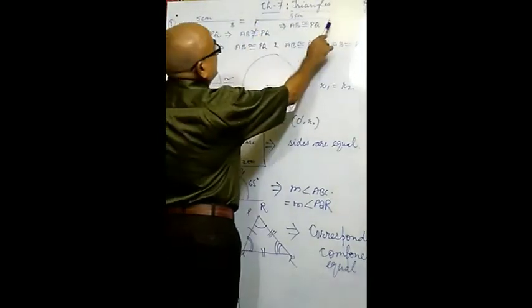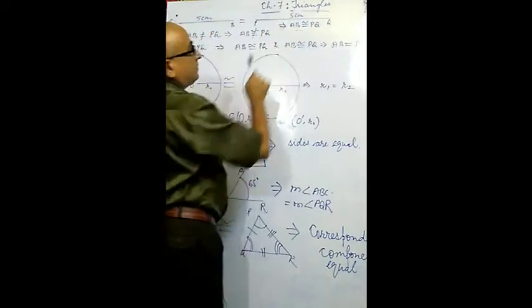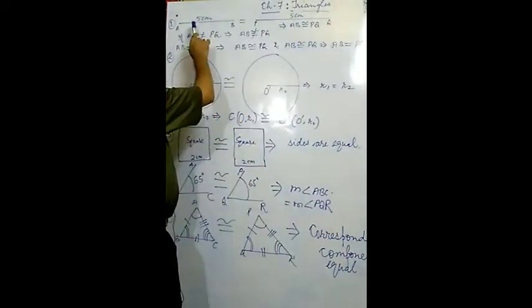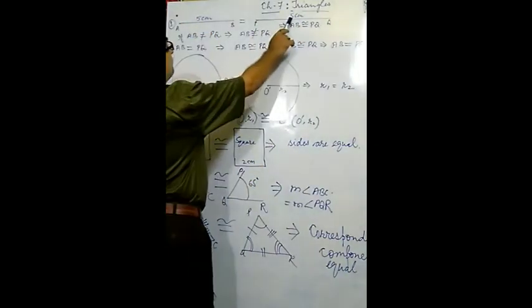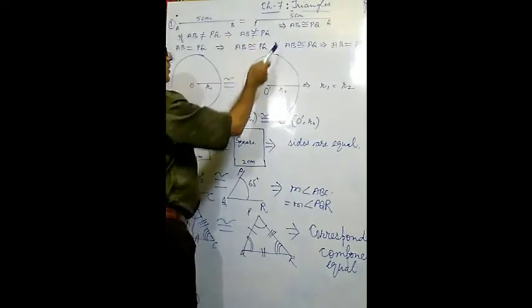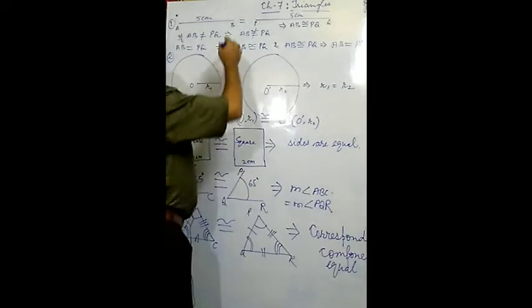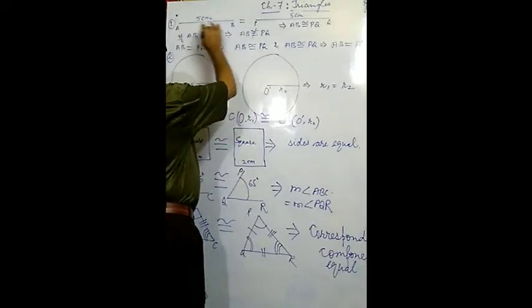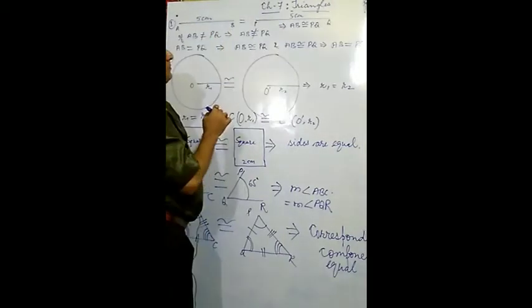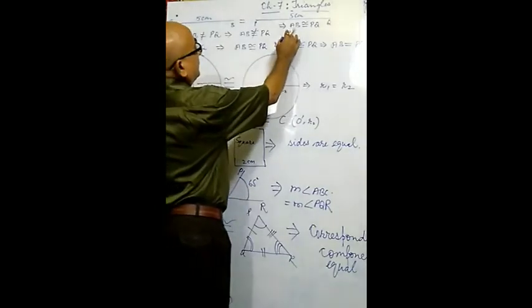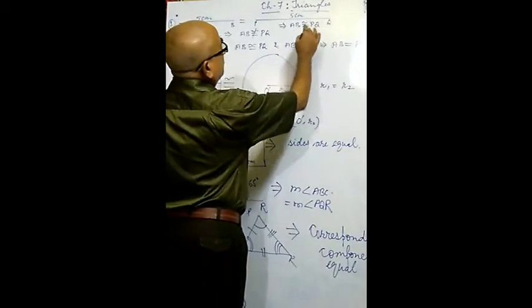The length of PQ is also 5 cm. It means the length of AB is equal to the length of PQ. Both have equal length of 5 cm. If both are equal, then AB is congruent to PQ.